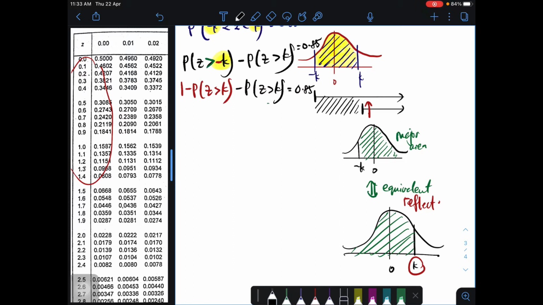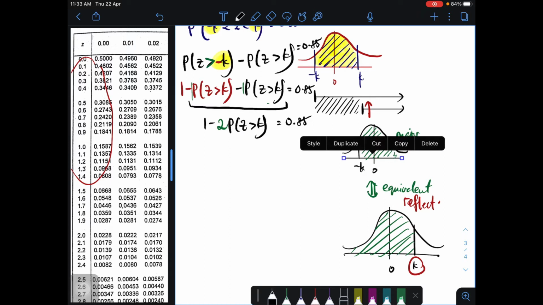So dekat sini you boleh solvekan bahagian yang belakang ni, which gonna give you 1 minus 2. Kenapa 2? Sebab ada dua perkara yang sama. This is 1, right? So you got 2 probability of Z more than K, which is equals to 0.85. And then you simplify it.